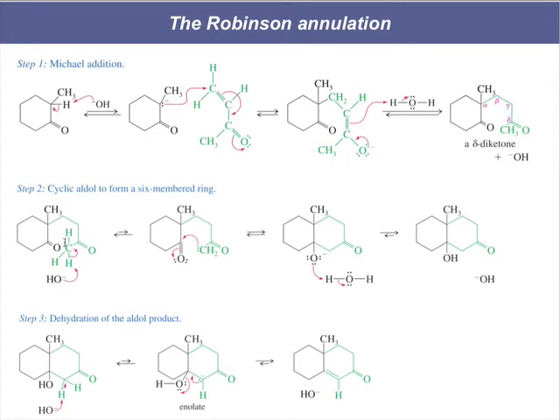In the second step, what we do is an aldol, but it's not just an aldol, it's a cyclic aldol, because we've got one molecule that has 2 carbonyls on it. In this case, it's 2 ketones. We've got the ketone on the first ring, and we've got the ketone that's left over from our Michael reaction. So since we have 2 ketones on the same molecule, we can do a cyclic aldol. In basic conditions, we'll deprotonate a carbon that's alpha to a carbonyl.